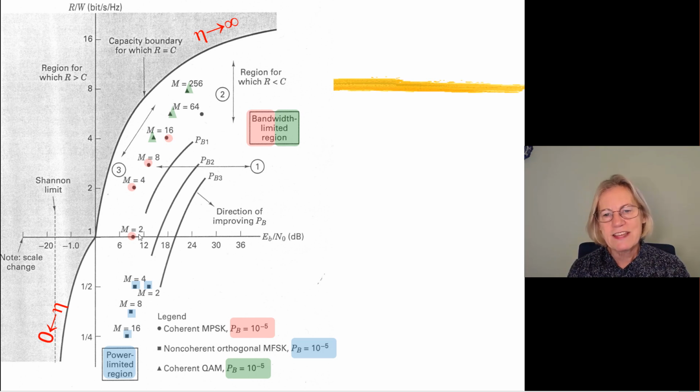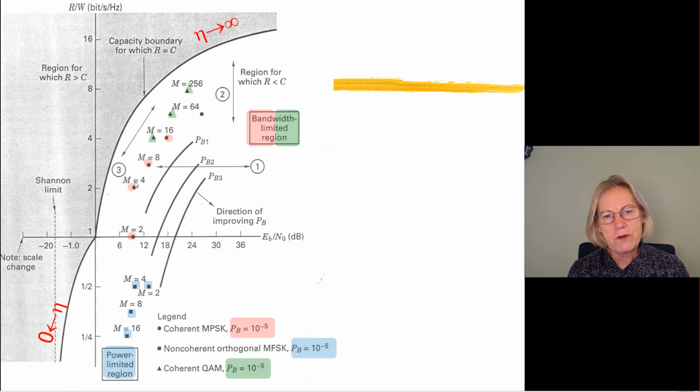But we can see that now the required EB over N0 is smaller for QAM than it is for PAM, which is why we're seeing these green triangular points becoming closer to the capacity limit than the ones for PSK.